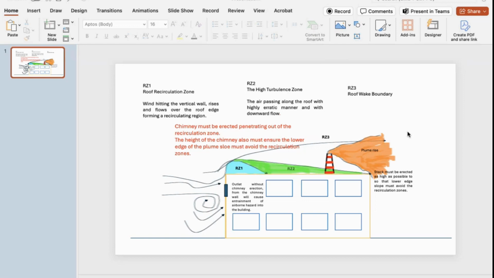So number one, when do we use a chimney? Let's quickly cover when you need a chimney. A chimney is required when we are managing airborne hazard. If we are just merely discharging heat, then we do not need a chimney. Why?